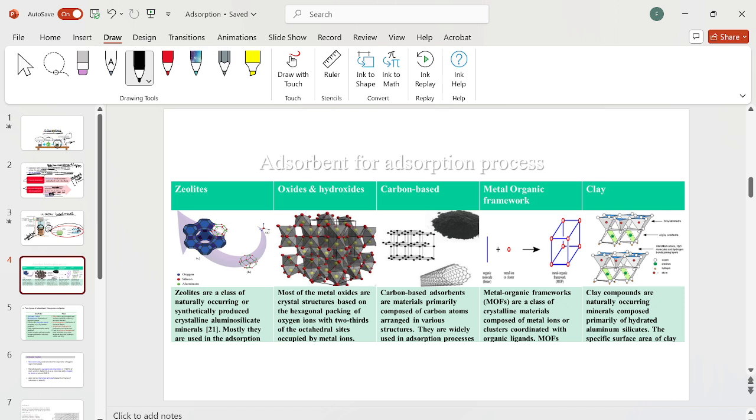Zeolites are a class of naturally occurring and synthetically produced crystalline aluminum silicate minerals, and they are used in the adsorption process because of their surface area and other qualities. But oxides and hydroxides have the specialty of oxygen ions present, and these oxygen containing groups help in binding with many metals. They can be used for removal of heavy metals from water.